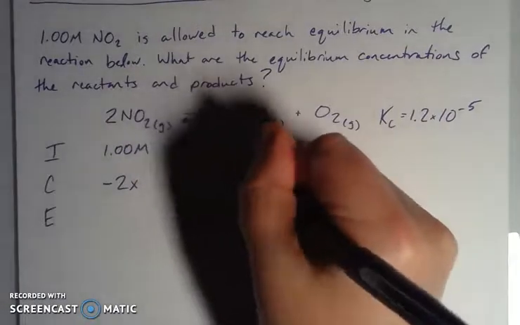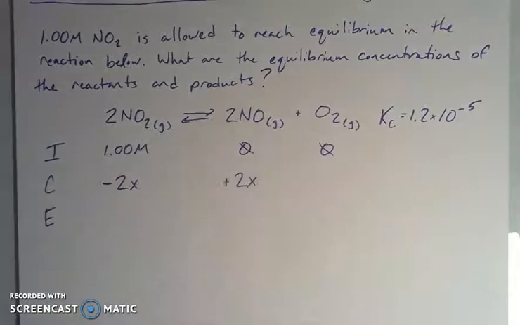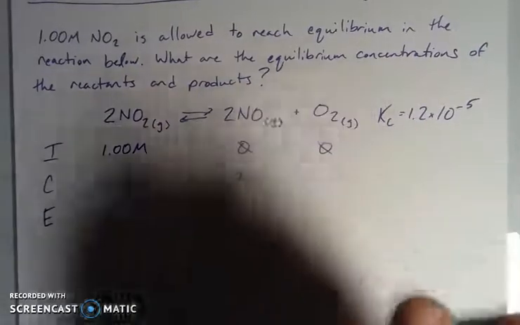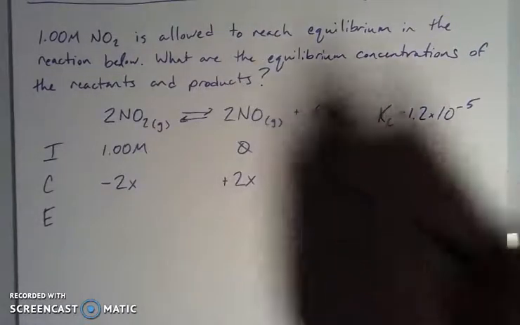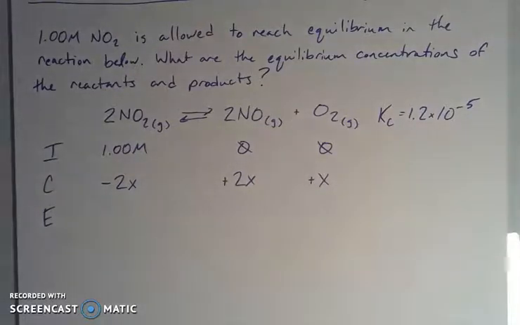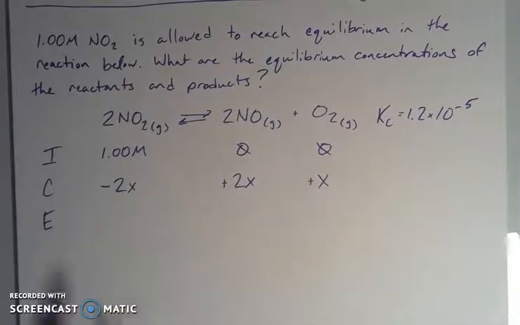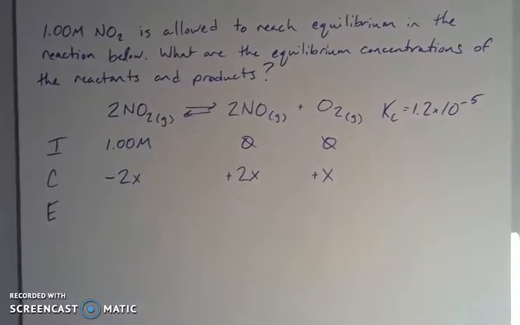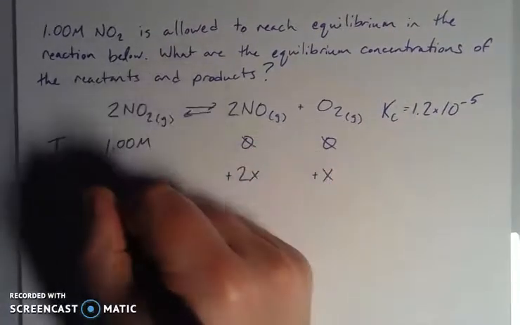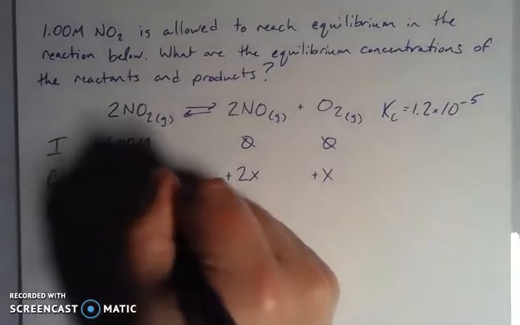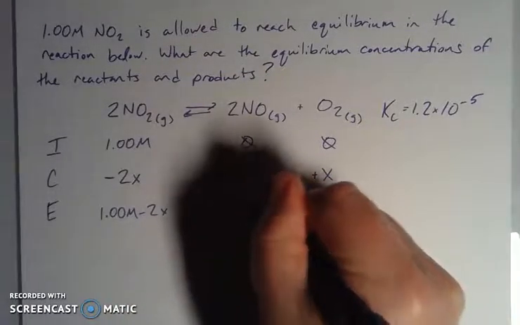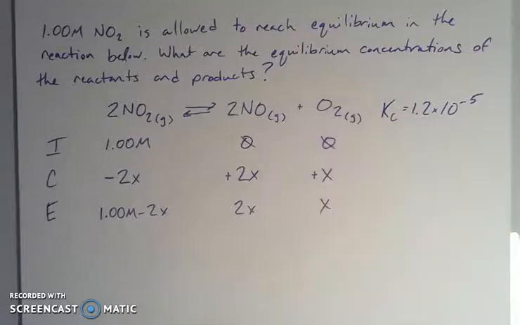I'm going to get larger by 2 times that for my nitrogen monoxide, and I'm going to go up by an X for my oxygen. Okay, now I add my initial and my change together to give me my equilibrium concentrations to finish out my ice box here. So I have 1 molar minus 2x, 2x, x.